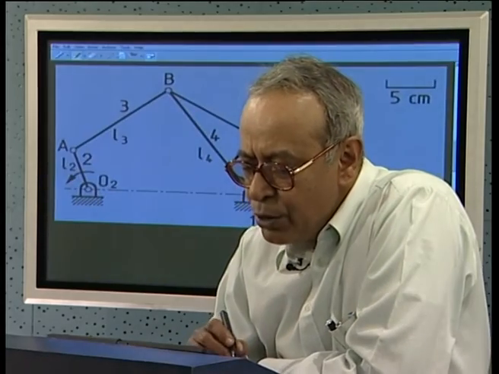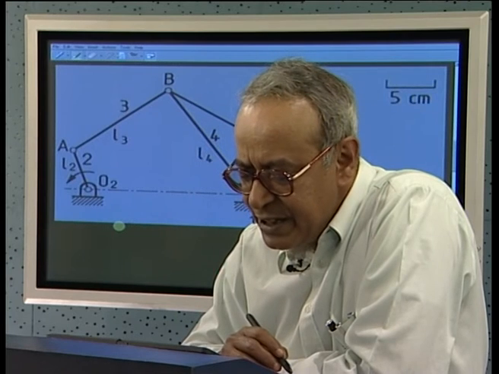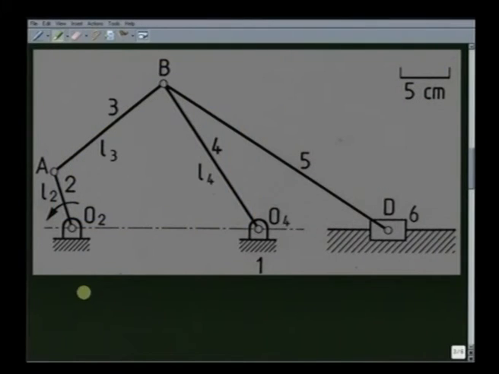As our next example, let us consider another 6-link mechanism which is shown in this figure. Here, as we see, there is a 4-bar mechanism O2, A, B, O4.